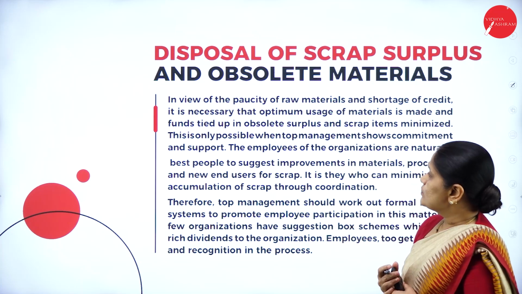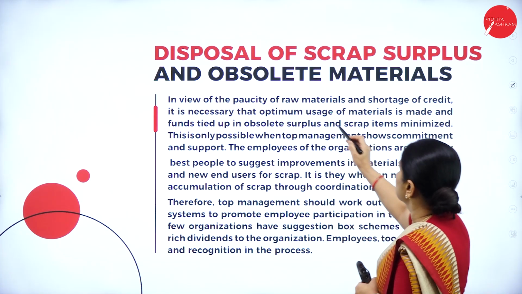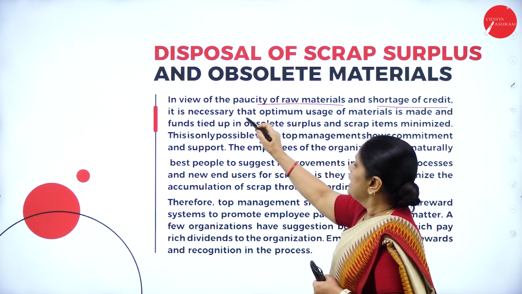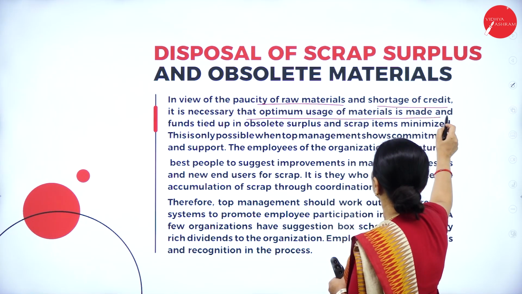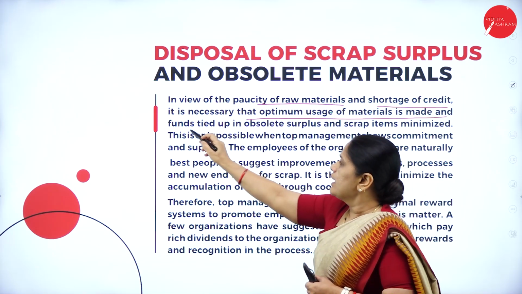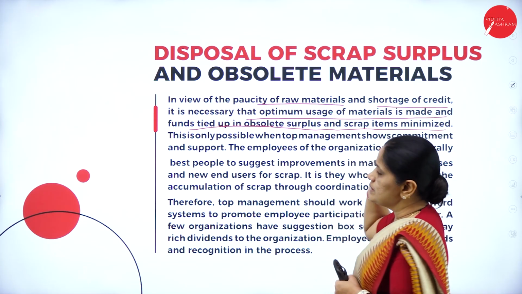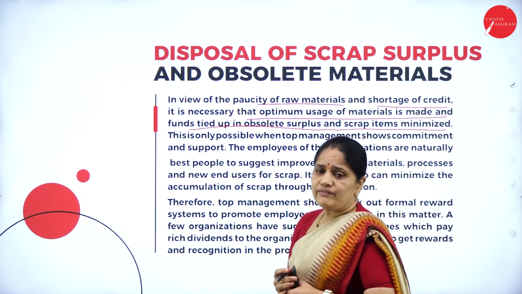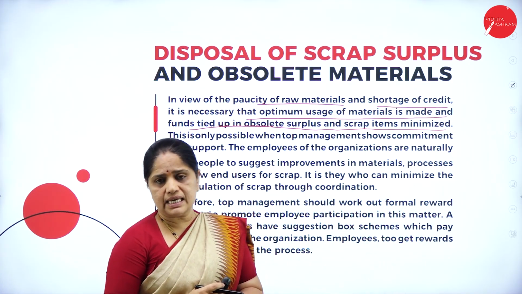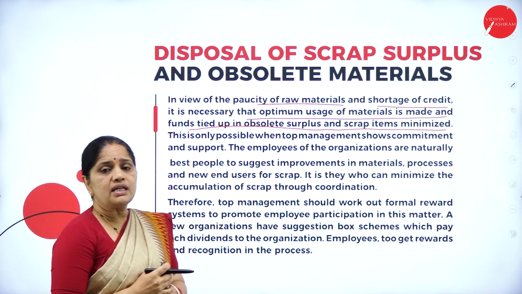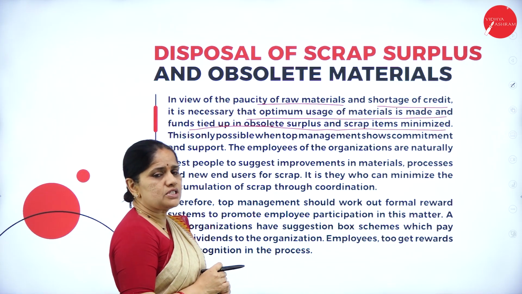Then the next one is, in view of paucity of raw materials and shortage of credit, it is necessary that optimum usage of materials is made and funds tied up in obsolete, surplus and scrap items minimized. We all know that resources are scarce, and whatever money we have invested in the stock should be put to the best possible use.